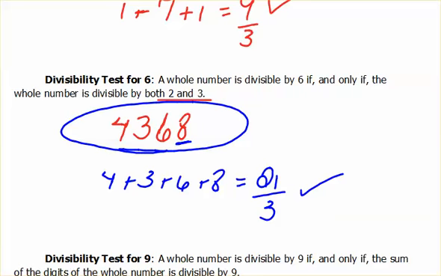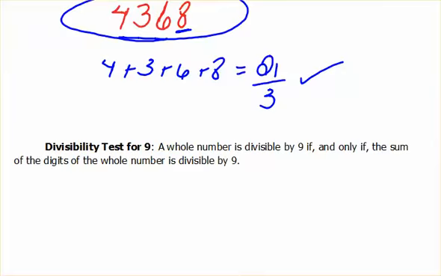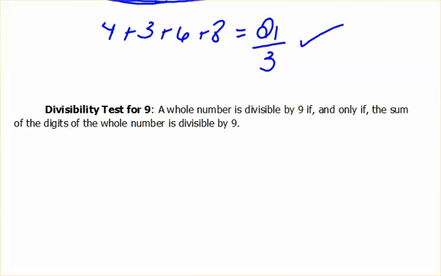And then finally, our very last divisibility test that we're going to talk about is for 9s. This one says a whole number is divisible by 9 if and only if the sum of the digits of the whole number is divisible by 9. So this is kind of like the 3's were. Let me throw out a really big number: 3,148,308.